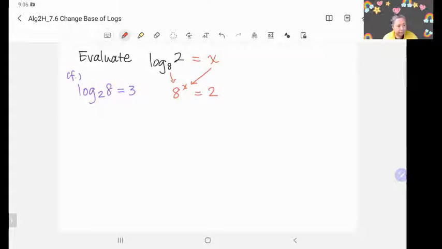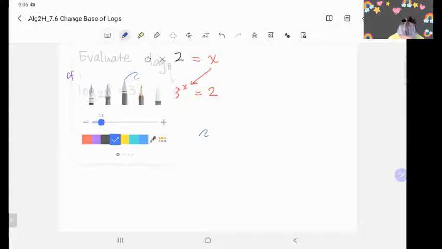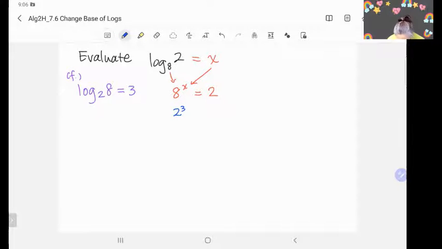I guess some of you guys already get this format, but let's do step by step. So in order to find the exponent, I have to match the base. So 8 is 2 cubed. So now let's rewrite it. It's 2 cubed, right? Then it's raised to the power of x.